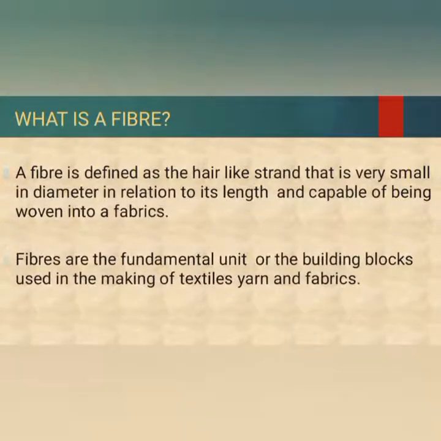It can also be defined as the fundamental unit or the building blocks used in the making of textiles, yarn, and fabrics. So what are we trying to say? The fibers are the fundamental hair-like structure units used in the making of what? Fabrics and yarn.